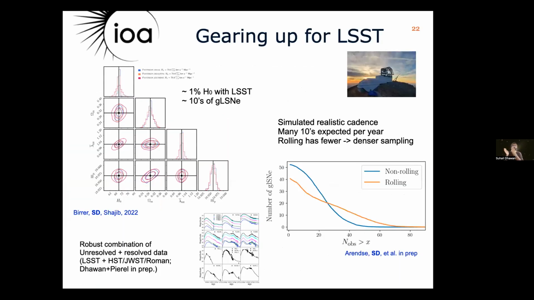So as we want to now move towards precision estimates in cosmology, the most impactful discovery machine would be LSST in the near future. Some work I've done with Simon Berger was on seeing how many supernovae we need to get to similar precision on H0 with lensed supernovae using LSST.